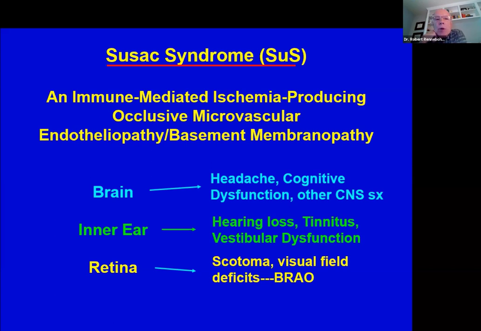Susac syndrome is an immune-mediated, ischemia-producing, occlusive, microvascular endotheliopathy basement membranopathy that primarily affects the brain and the inner ear and the retina, resulting in brain dysfunction, chiefly headaches and cognitive dysfunction, hearing loss, tinnitus, vestibular dysfunction, and retinal involvement with scotoma, visual field deficits due to BRAO.